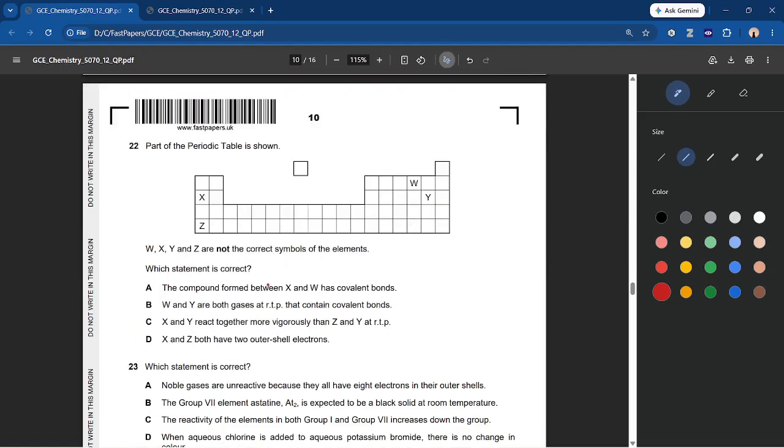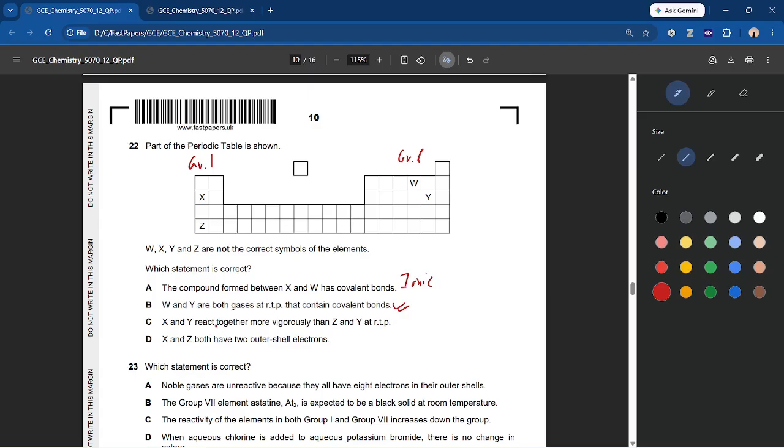Part of the periodic table is shown. W, X, Y, and Z are not the correct symbols of the elements. Which statement is correct? The compound formed between X and W has covalent bonds. Nope, because this is group 1, group 2, group 3, 4, 5, 6, and this is group 6, so they form ionic bonds. W and Y are both gases at room temperature and pressure that contain covalent bonds. Yeah, this seems correct, but let's take a look at what we have below.